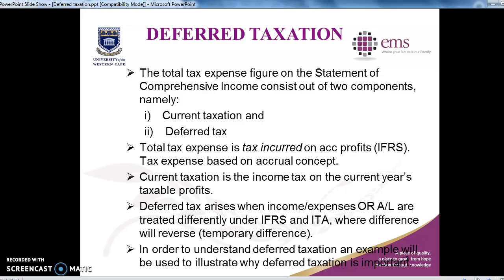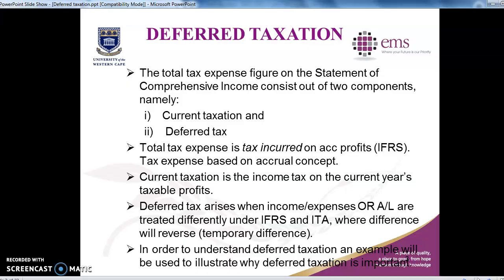So now we can already see that there's going to be a mismatch between our total tax expense and our current tax, because they are based on two different sets of principles: total tax expense is based on IFRS and the accrual concept, and current tax is based on our taxable profit.